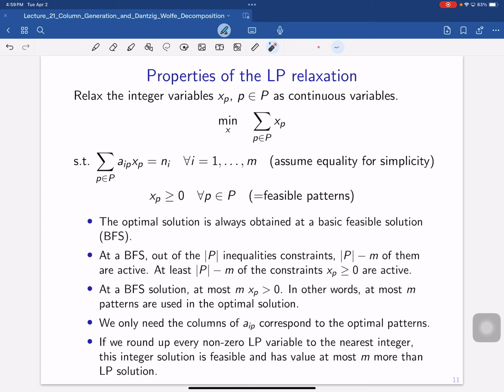Okay, so for simplicity, we just assume all the rows you produce exactly satisfy the demand instead of greater than or equal to, right? The reason we want to do that is because we want to write it as a standard form of linear programming problem, right? You can write it as greater than or equal to 0 as well.